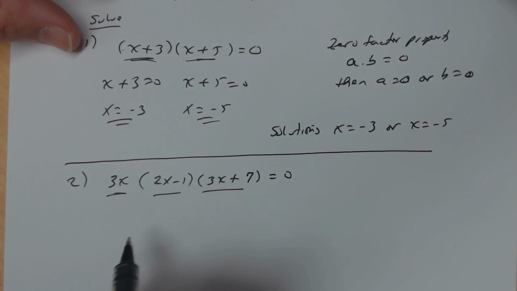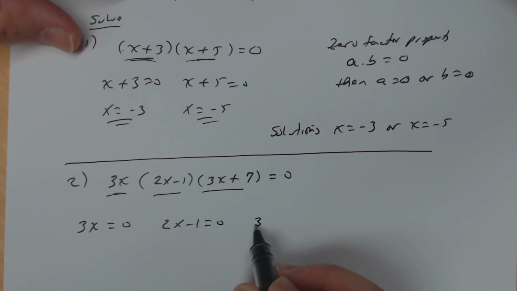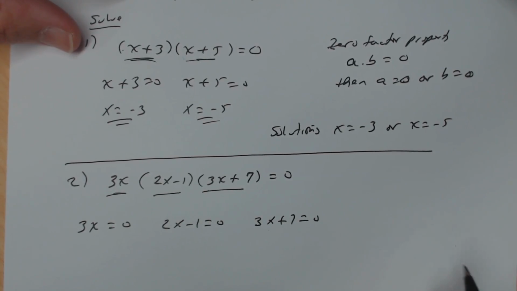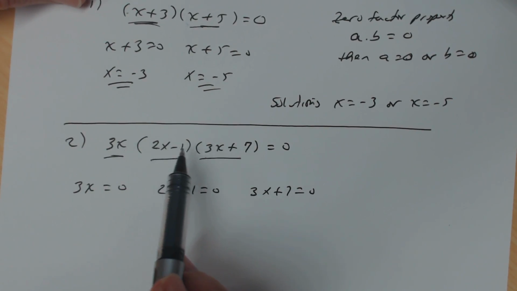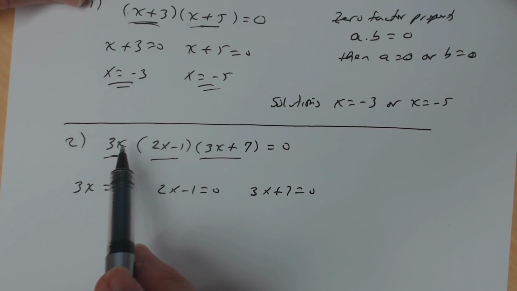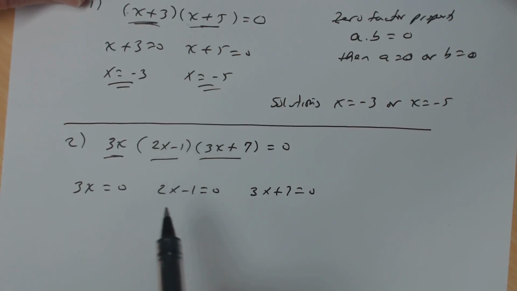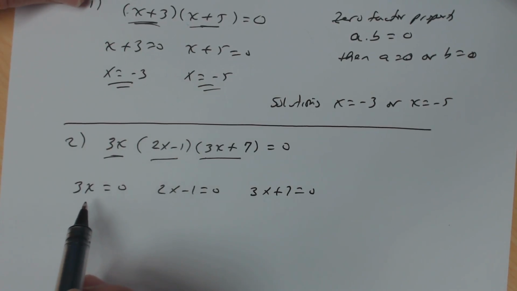So you set each one equal to 0, so you're going to say 3x equals 0, 2x minus 1 equals 0, 3x plus 7 equals 0, and you solve each linear equation. So I went from this cubic equation, cubic because the leading term was x cubed, to 3 linear equations.